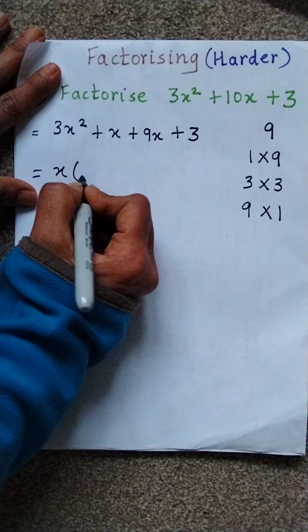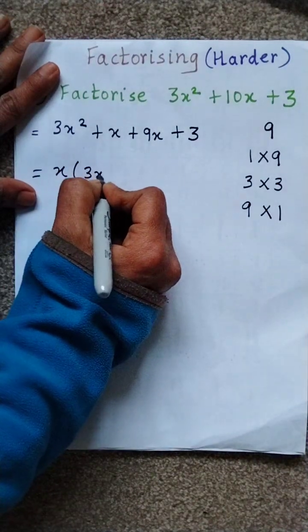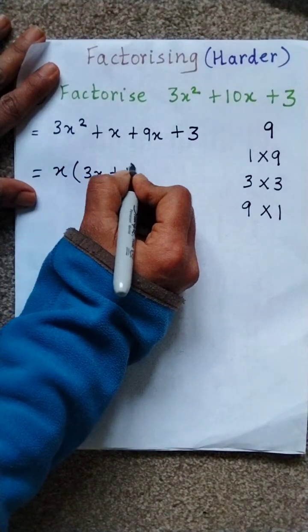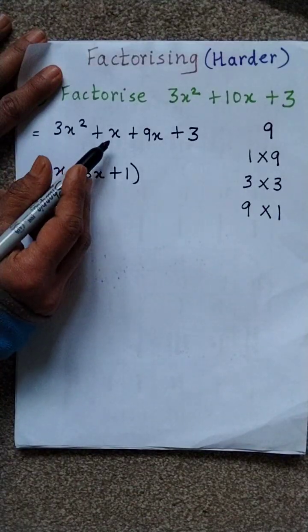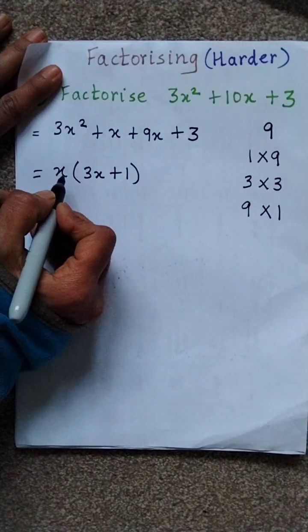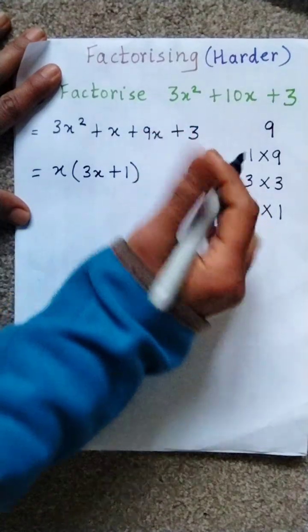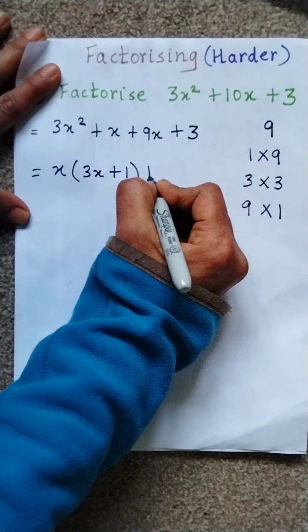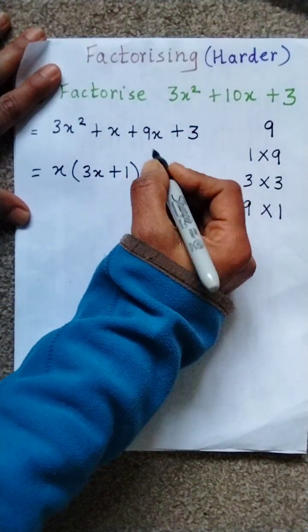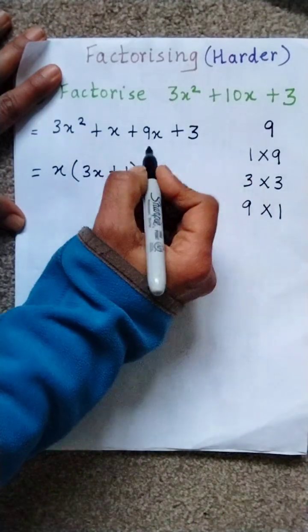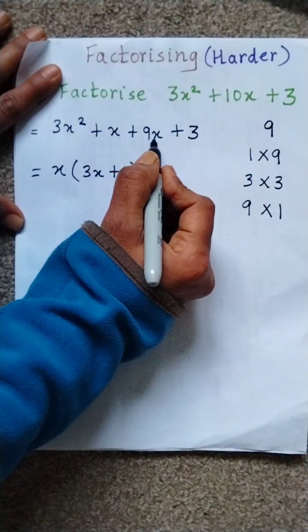So x, what remains? 3x plus 1. Now for the other two terms, we put plus 3, and 9 can be written as 3 times 3.